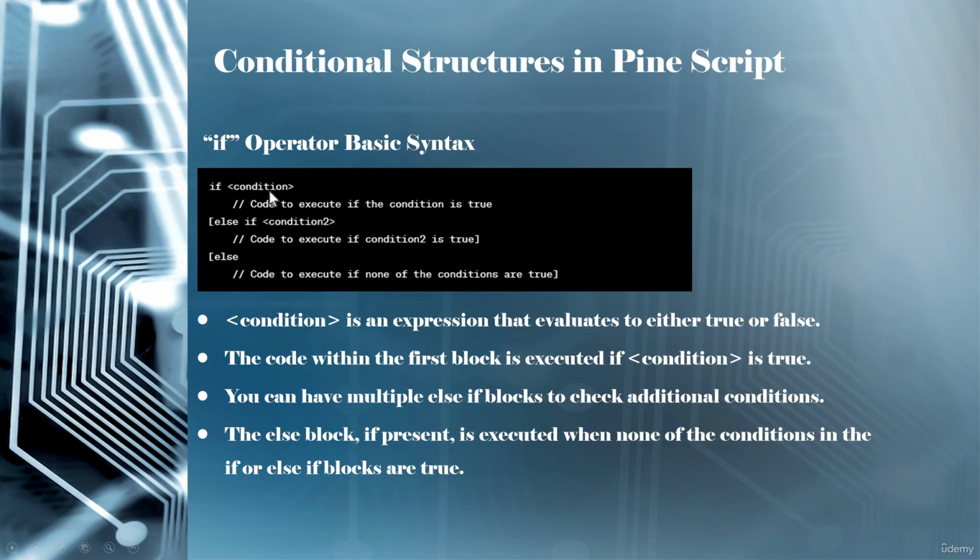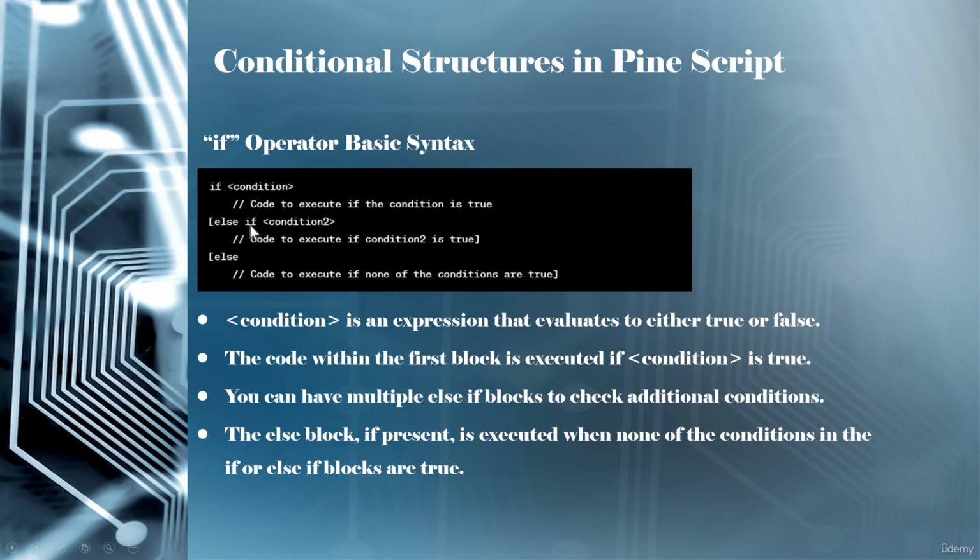The condition after the if operator is an expression that evaluates to either true or false. The code within the first block is executed if this condition is true. You can have multiple else if blocks to check additional conditions.